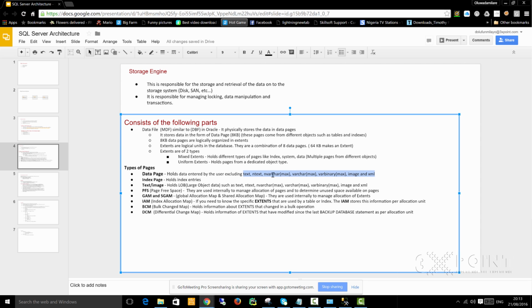The reason is, let's take this one out, for example. I'll bring it back. This text, ntext, varbinary(max), image and all of these ones, except XML. Think about this: text, ntext, image, all these ones are going to be deprecated from SQL Server.